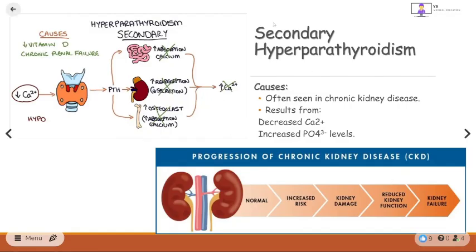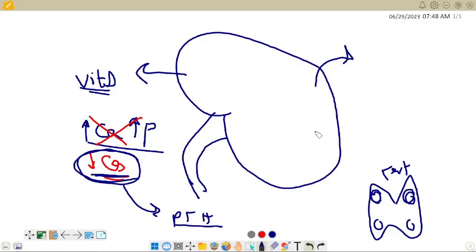So let's read here. Secondary hyperparathyroidism is often seen in chronic kidney failure, results from decreased calcium levels and increased phosphate levels. By the way, high phosphate is an important finding in kidney failure patients, as we have taken in the renal section.